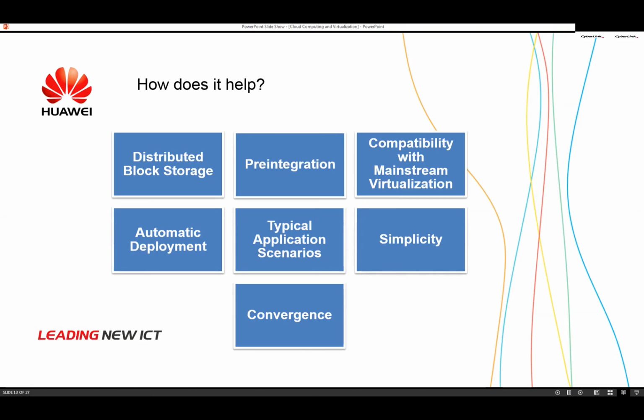Simplicity. Fusion Cube implements pre-integration and pre-verification. Automatic device discovery upon power on, unified management, and simplifying service delivery. What does this mean?